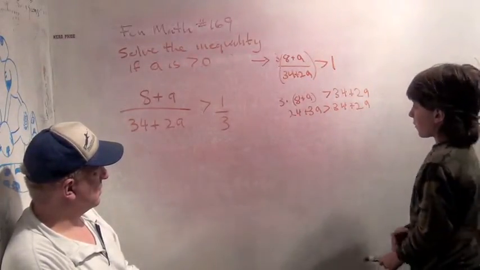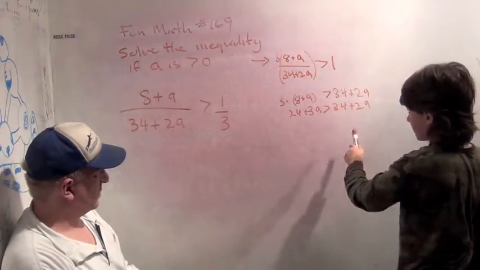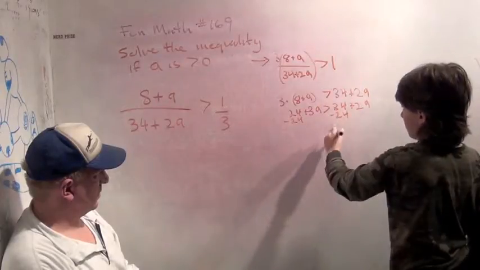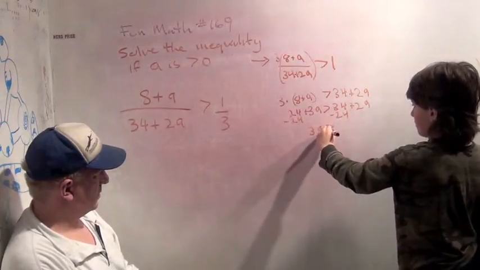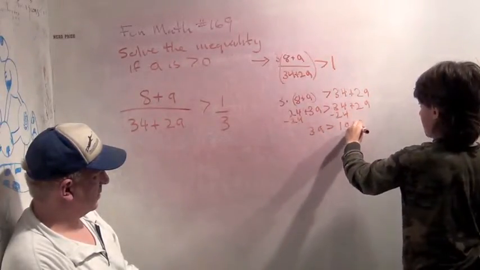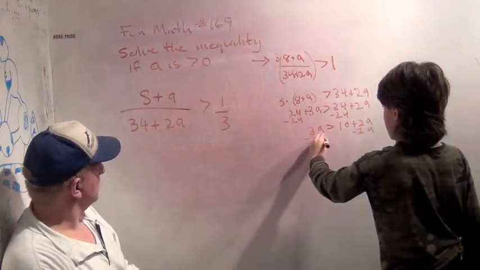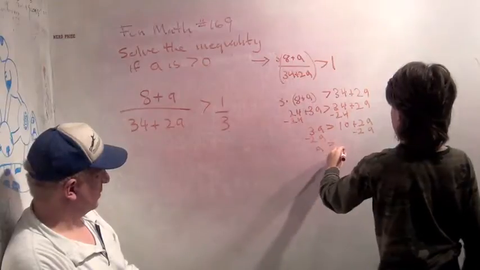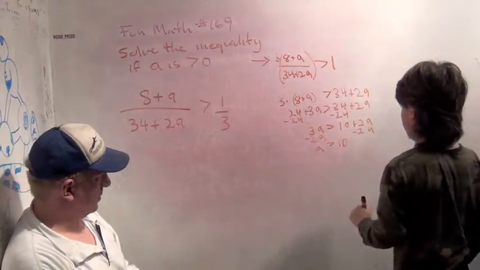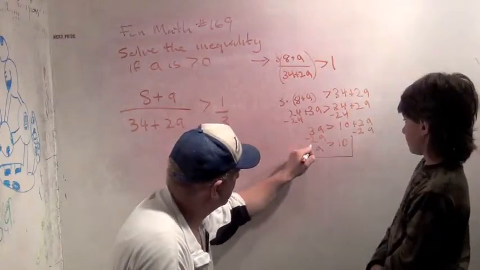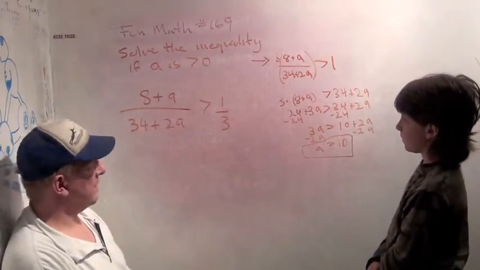Now we can subtract 24 from both sides. We get 3a is greater than 10 plus 2a. Subtract 2a, and a is greater than 10. So our inequality is true if a is greater than 10.